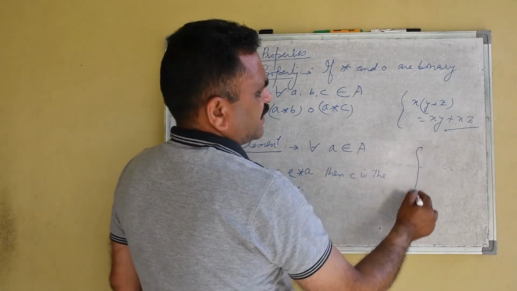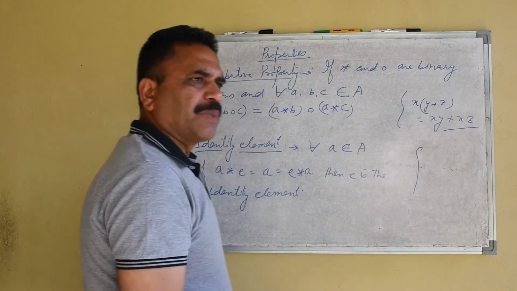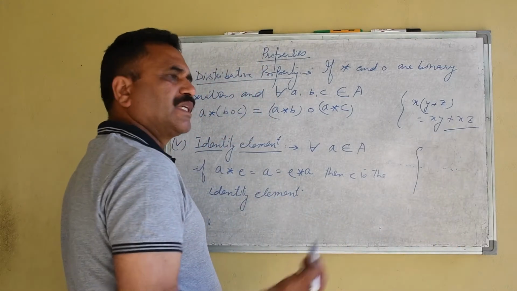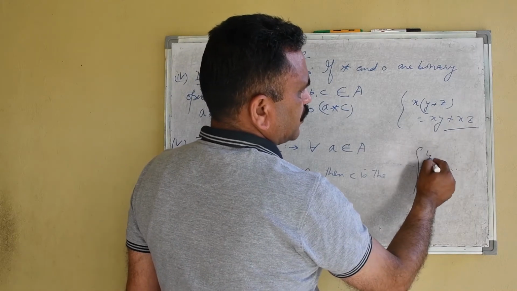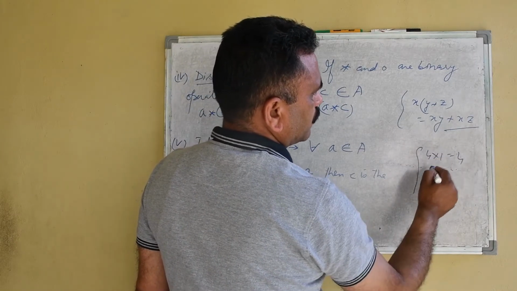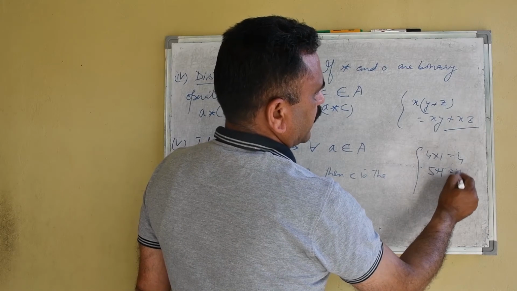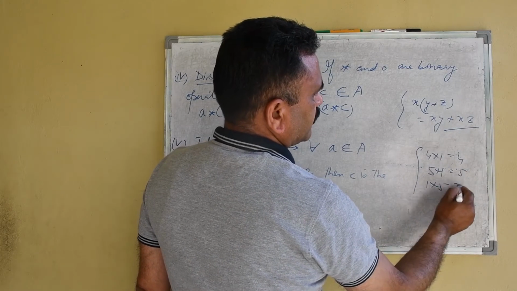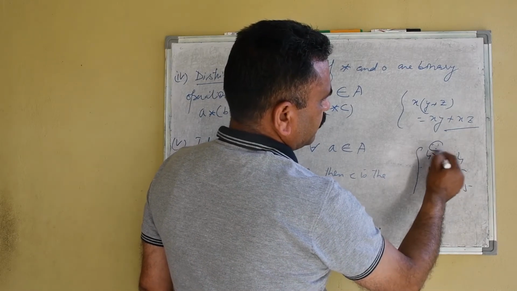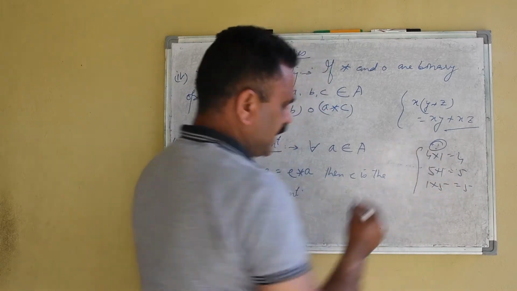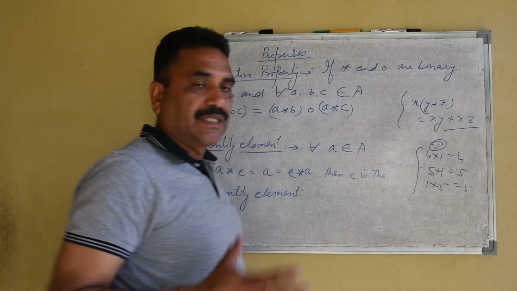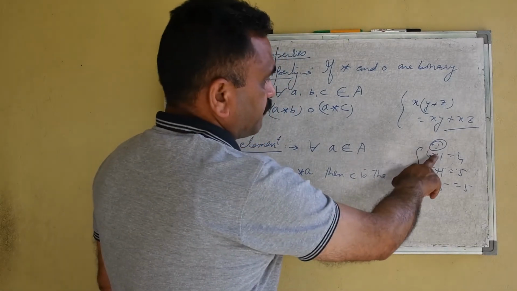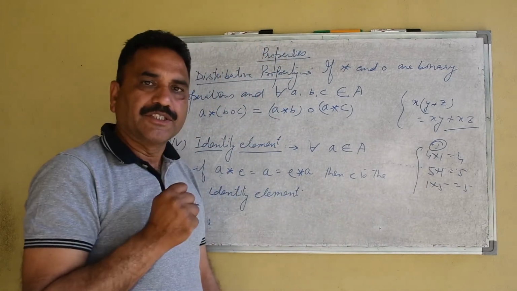We can see, suppose with respect to multiplication, what is the identity element? We say 1 is the identity element. Why? Because 4 into 1 is 4, 5 into 1 is 5, 1 into 5 is 5. That means if we operate 1 with any number, we always get the same number if the operation is multiplication.